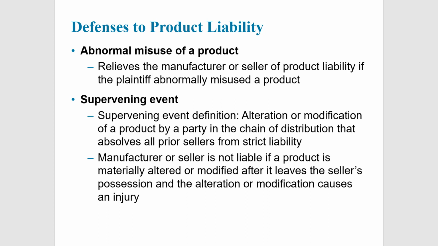So an example could be, talking about my scrubbing bubbles from earlier. That's a cleaning product that's designed to clean surfaces in a bathroom. But if I use it to wash my body, that might cause some injury to me. That would be an abnormal misuse of a product, using it for not what it's designed for. So that would be a good defense to that kind of claim.